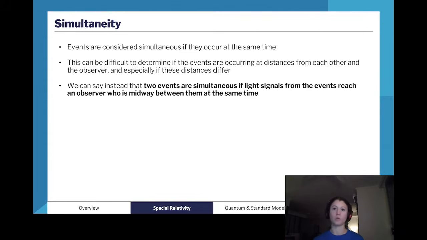Now, of course, if our observer is standing at the point of one of the events, even if the two events actually are simultaneous, they're going to observe the light signal from the event they're standing next to way before the light signal from the other event. If you're standing next to where a bolt of lightning strikes, you're going to see that bolt of lightning before you see a bolt of lightning that strikes 10 kilometers away, even if they technically occur at exactly the same time.